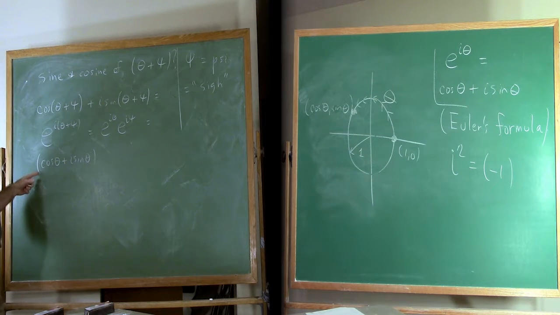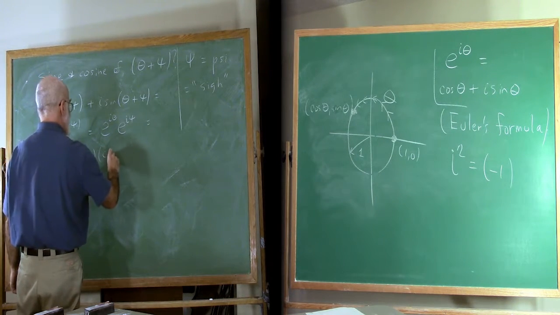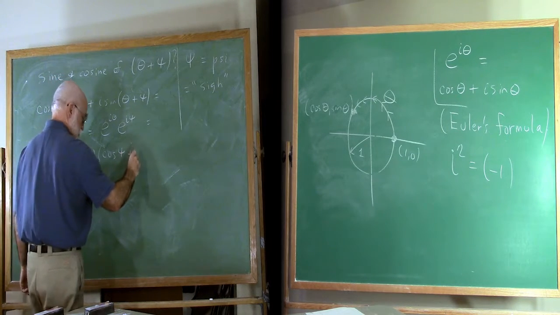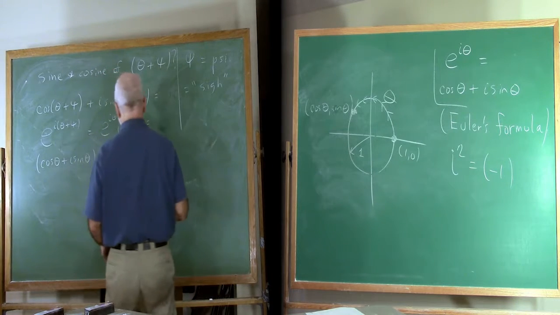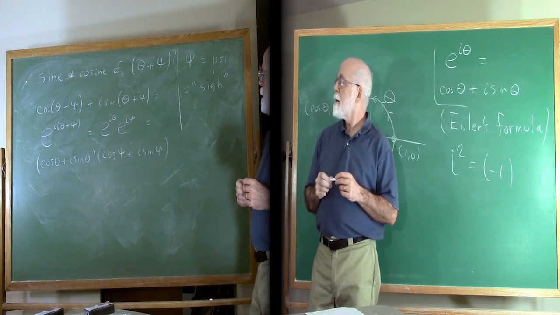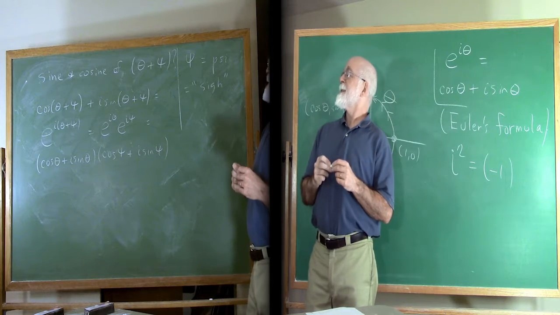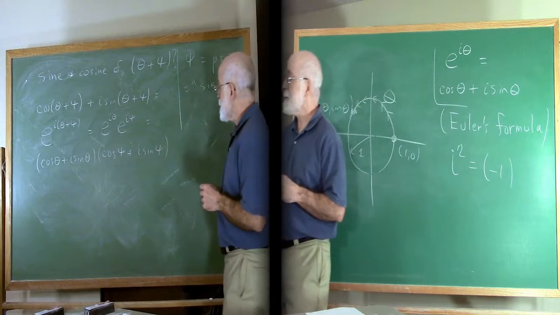That's the e to the I theta. Then the e to the I psi. This is where the distributive law is going to be a big deal.